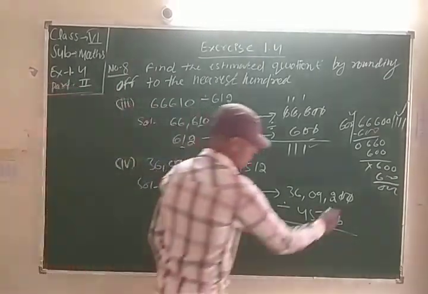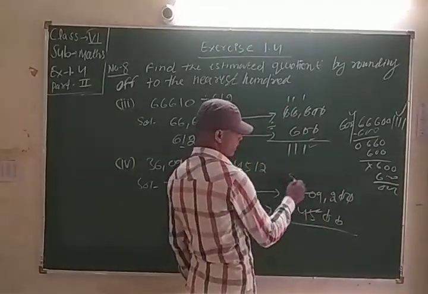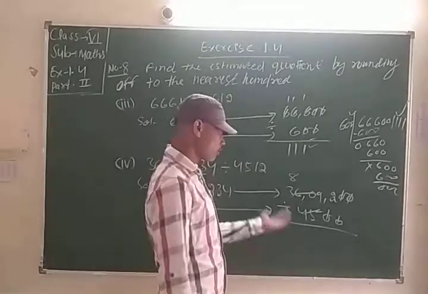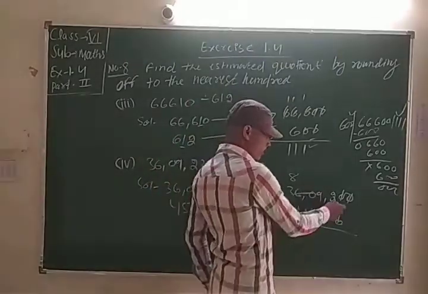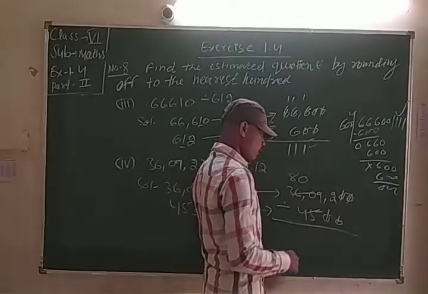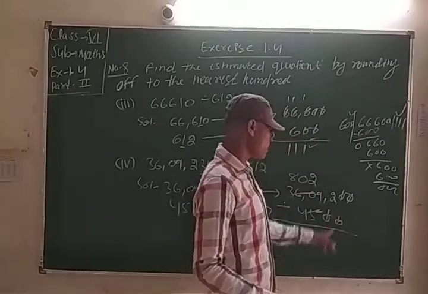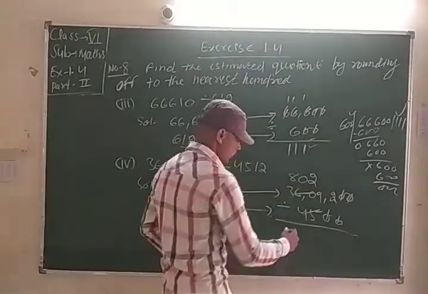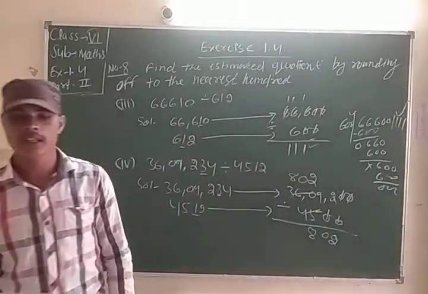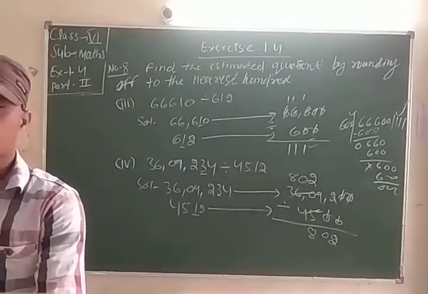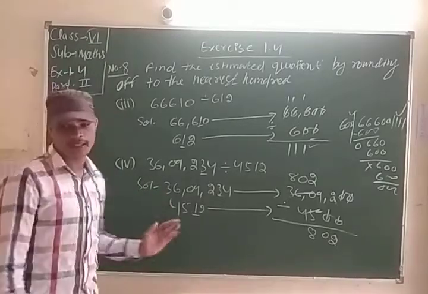Not divisible, so we get down 2 numbers. 45 nines are 405... so the quotient is 800, and then we get down 2 and put 0, then 45 twos are 90, remainder 2. The estimated quotient is 802. Clear about this? How can I find the answer of the estimated quotient?